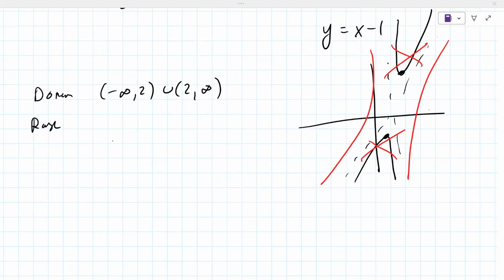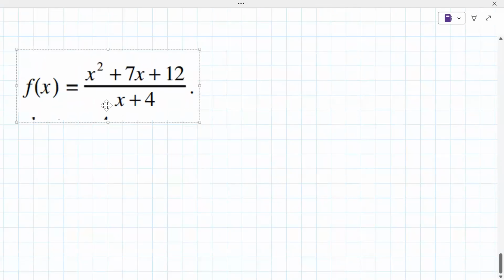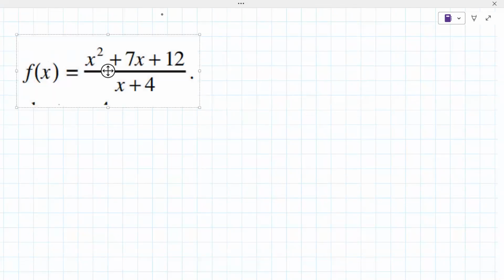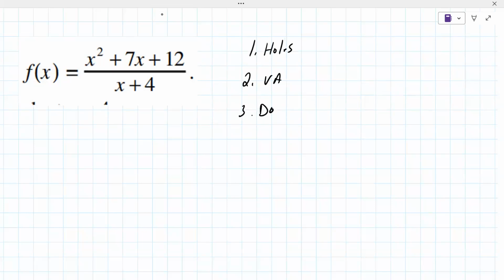All right, so it's kind of a new one. We're going to go through all the things on the list here. I know your teacher has a nice table, but this is the order you should do it in: holes, vertical asymptote, domain. Believe it or not, domain comes then.